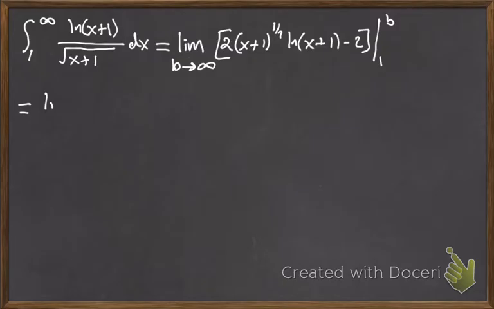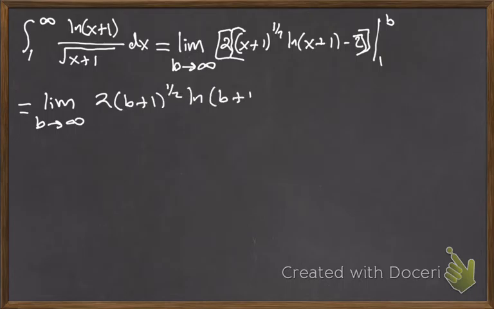Sometimes we get carried away in excitement, so I should have an additional parentheses there. And so we'll go ahead and evaluate that. So the limit as b goes to infinity, 2 times (b plus 1) to the 1/2 power, natural log of b plus 1, minus 2, and then evaluate it at 1.